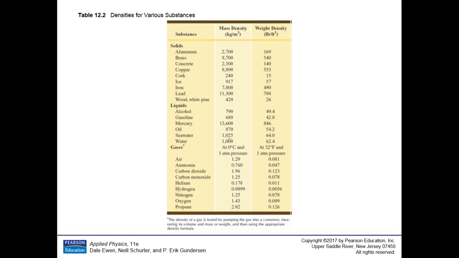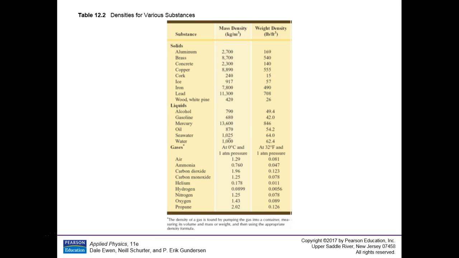Now, I'm going to tell you this. If you were dealing with grams per cubic centimeter, which is a really reasonable number, all you have to do is move your decimal to where the commas are, and that will give you that. So aluminum would be 2.7 grams per cubic centimeter, which is 2,700 kilograms per cubic meter.